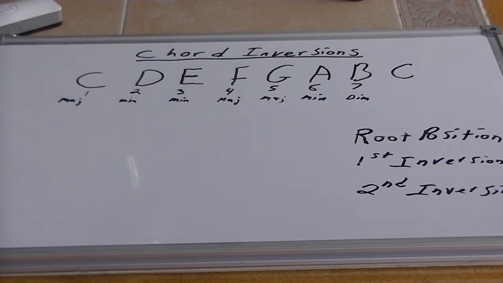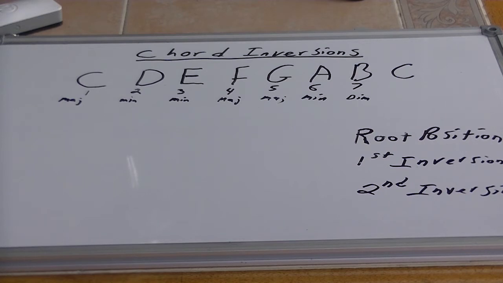We have the C. And I want you to apply that open string fingering that we have. And what I want to do is analyze the notes that we are playing, from the lowest note to the highest note that we play.